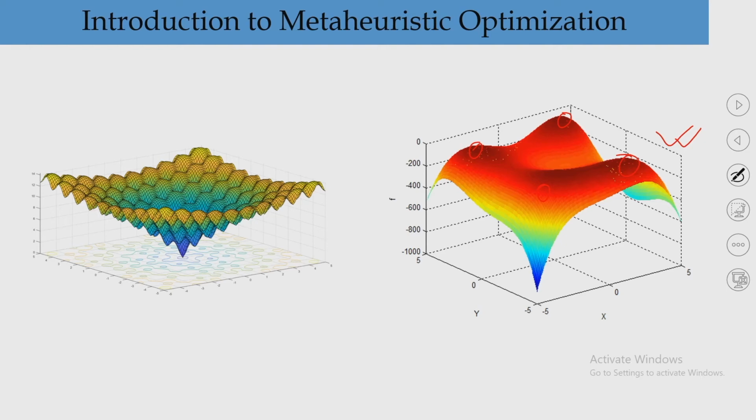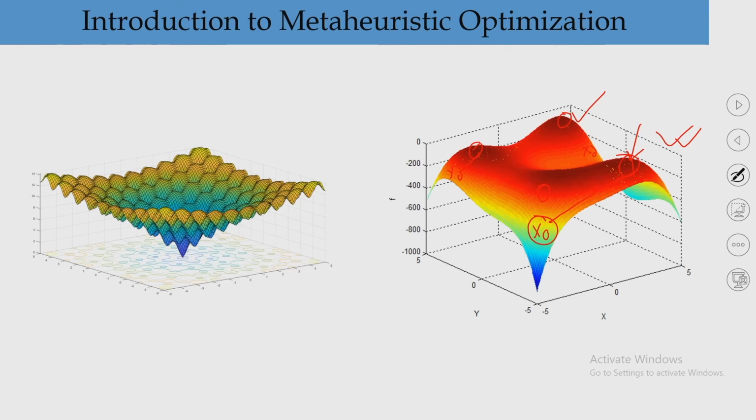If you take x naught somewhere here, maybe you go in this direction, and you may get this particular point. If you take x naught somewhere here, then you may get this point. So, depending upon what x naught you have chosen, you will get one of the optimal solutions. You may not get the global optimal solution, but you will get one optimal solution.